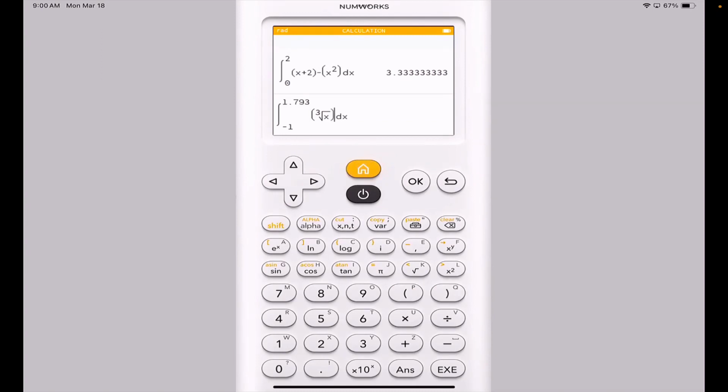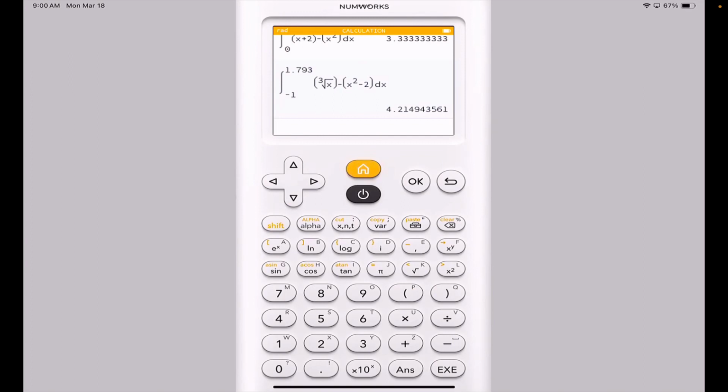Close the parentheses. Minus parentheses, y squared minus 2. Close parentheses. Okay. Hit enter. There we go. 4 point something.